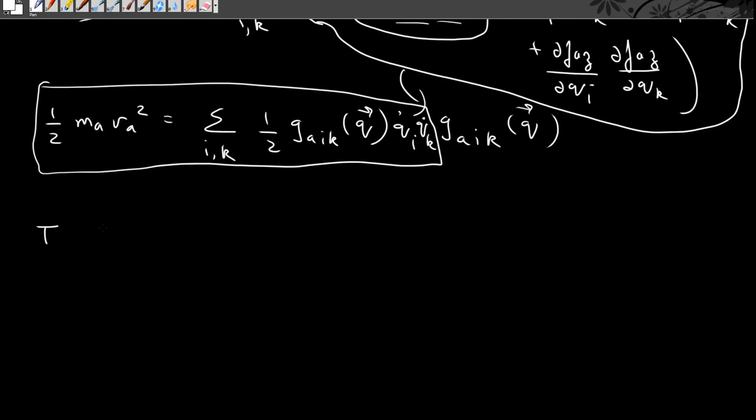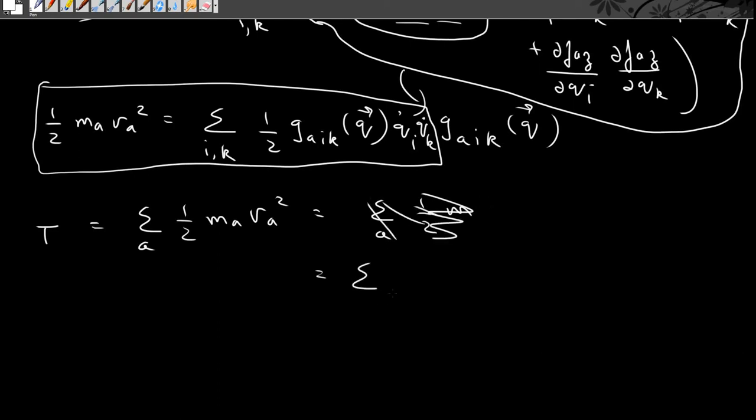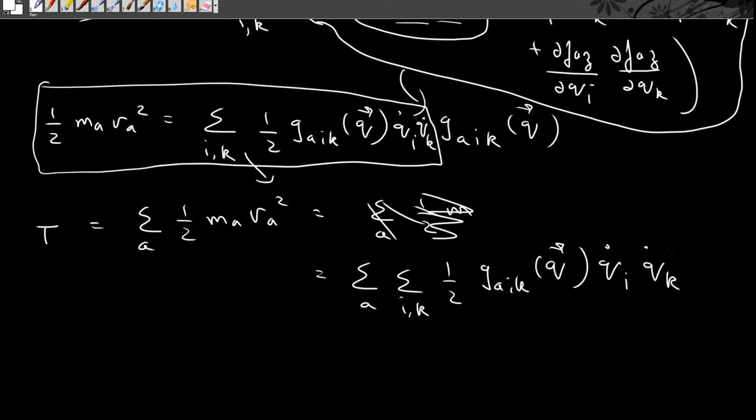But the T that we have in our Lagrangian is a summation over all the values of a of m_a v_a squared over 2. If we substitute this, we get a summation over a, summation over i,k of half g_aik(q) times qi dot qk dot.